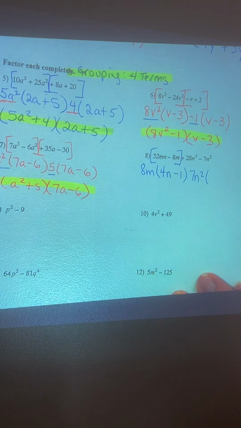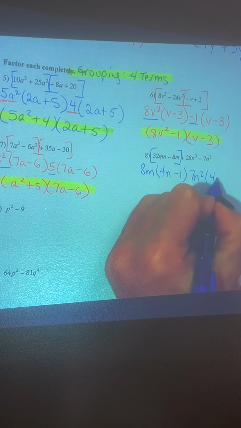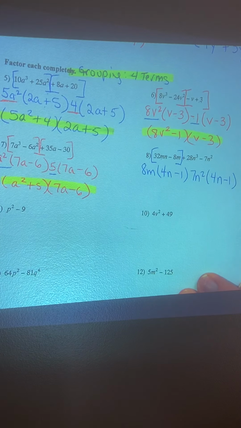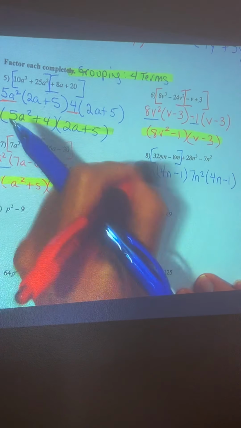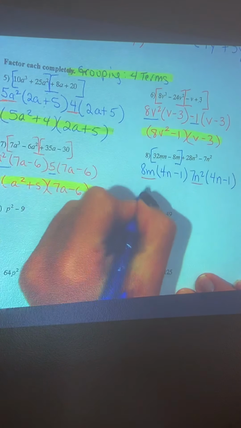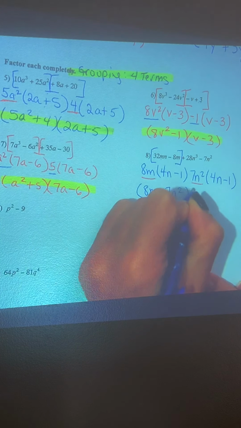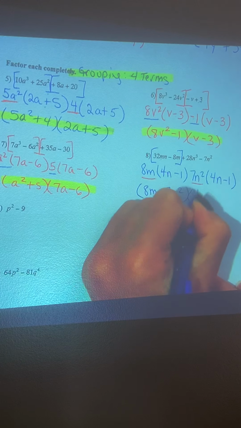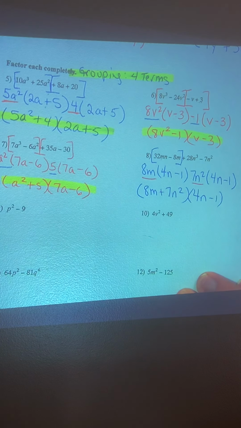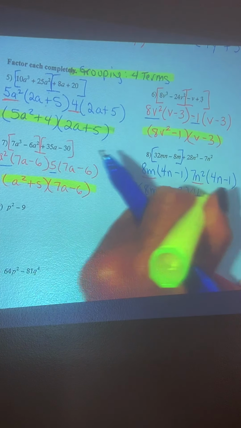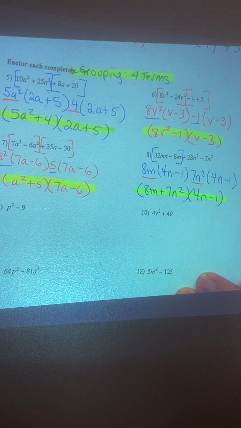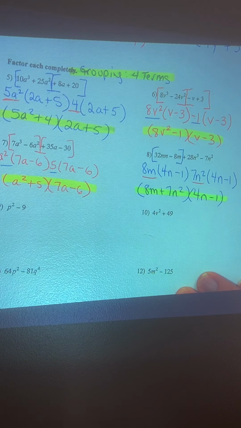And you're left with 4n minus 1. Take what is outside, 8m plus 7n squared. Take what is inside, make sure it's the same, 4n minus 1. And there we have grouping. Again, grouping must have 4 terms.